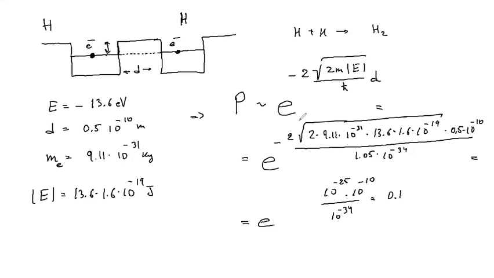What about the rest? Okay, I can do maybe factor 2 and 0.5. This is just 1. This one I can neglect. It's 1. So what I have left is 2, 9, 13, and 1.6. Can you just multiply these numbers and take a square root from this? 2, 9.11, 13.6, and 1.6.